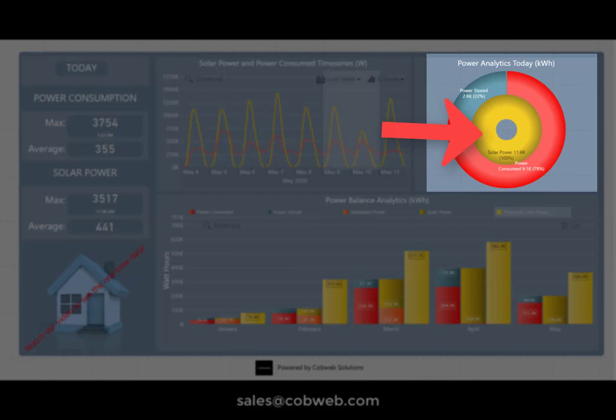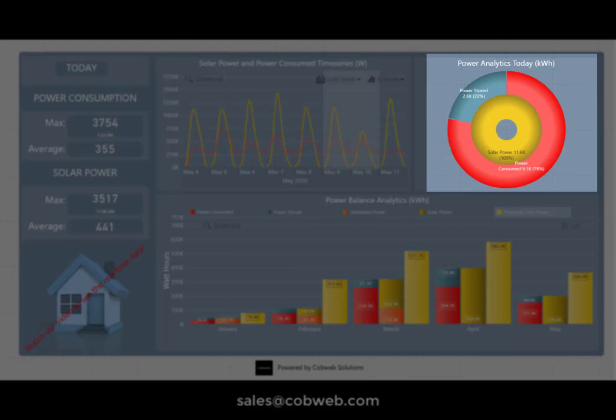Now this is broken up on the outer ring into two sections, the power consumed and the power stored. And you can see the red section of the outside ring of the donut. We've consumed directly around 9 kilowatt hours, and going to the battery, we've stored around 2 kilowatt hours, and that goes to storage in the battery.